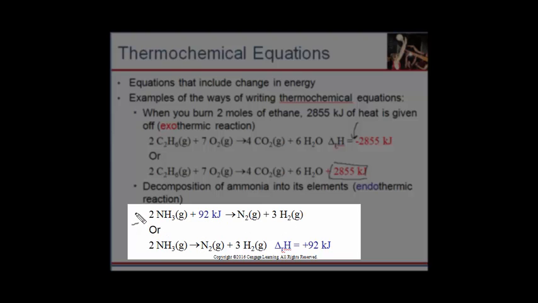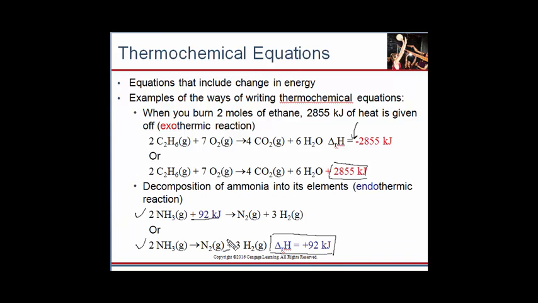You could do it this way, where you say add the heat to the reactant side, or you can do it this way, where you have the whole reaction and then you report what the change in enthalpy was, 92 kilojoules for this whole reaction. Look how easily I could make any kind of conversion factor between heat and how many moles that I've created.